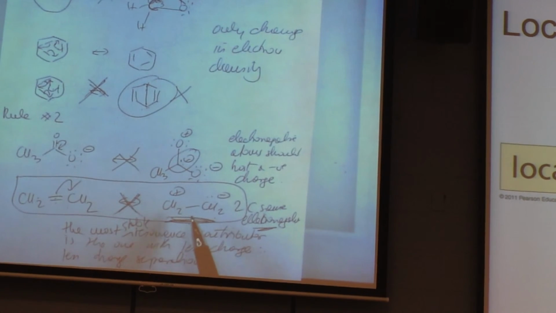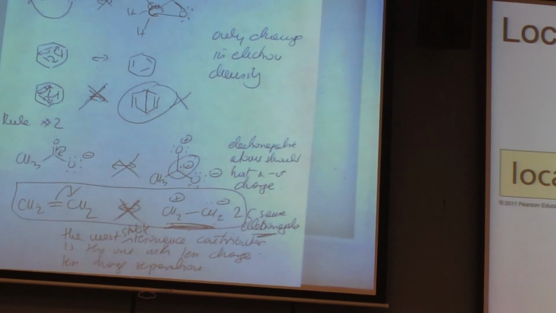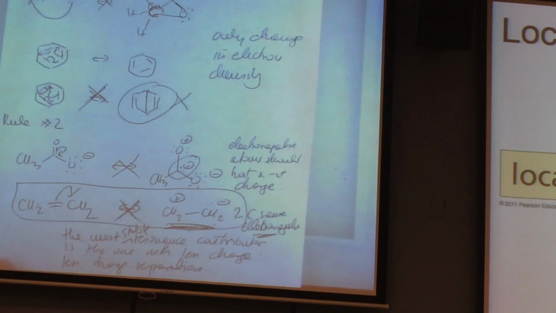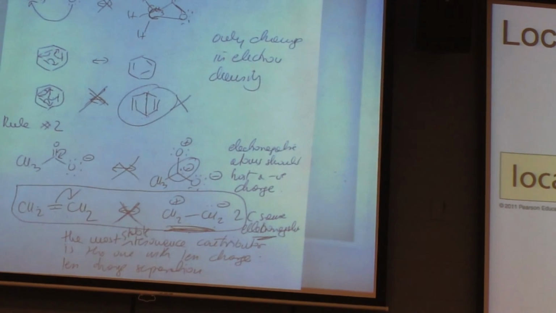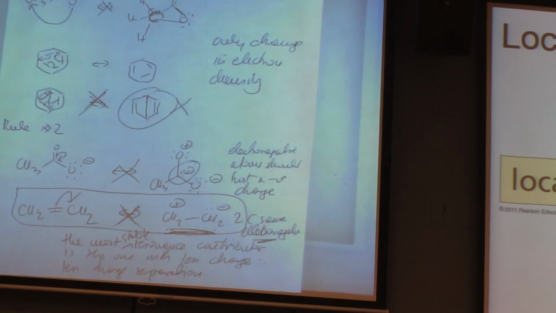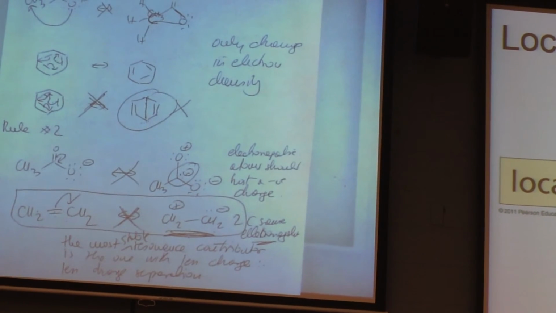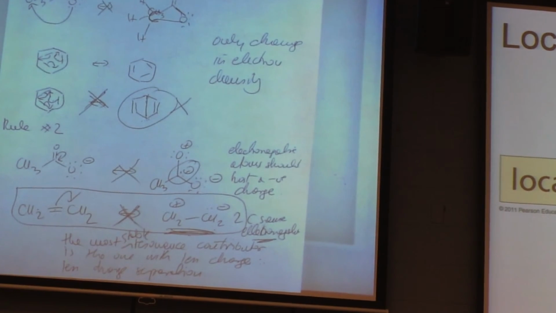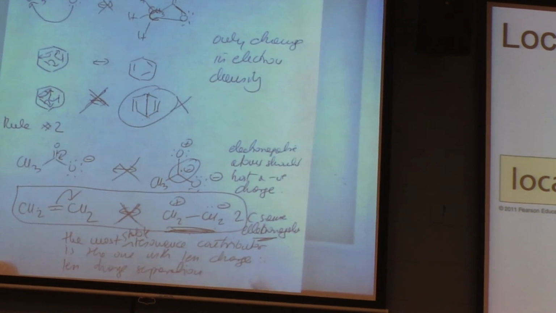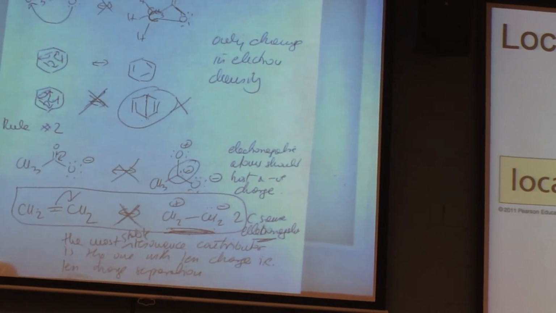You don't draw this. It's not right. So you do not want to create more negative charge or more positive charge. You want to maintain as minimum charge as possible on things, i.e. less charge separation.